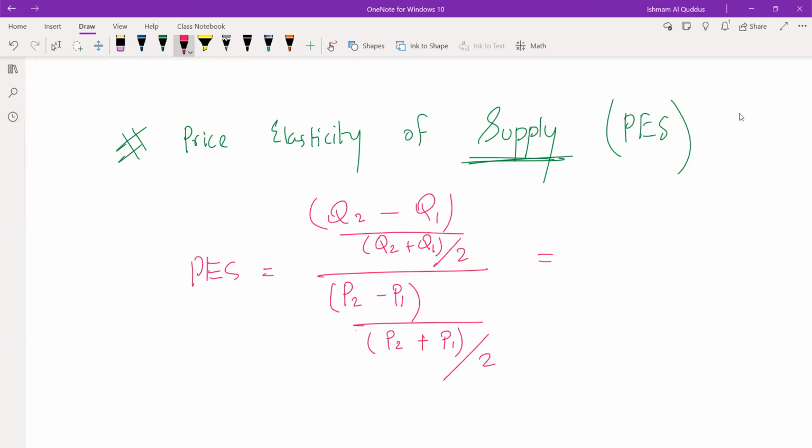So remember the PES value belongs to 0 to 1. So any number including 0 and 1 and any number between 0 and 1. Remember that when we talked about PED, if you take the absolute values, you also get the values in the range from 0 to 1.